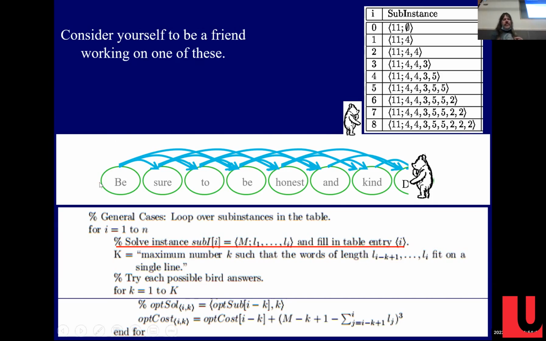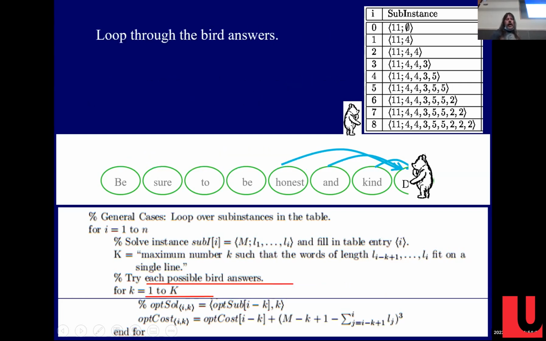So this is just saying, go do a little meditation and channel the need to solve this sub-instance. So your job is to deal with these first i words.